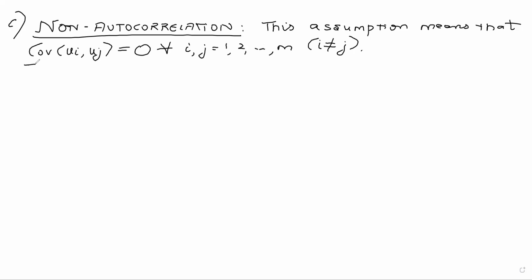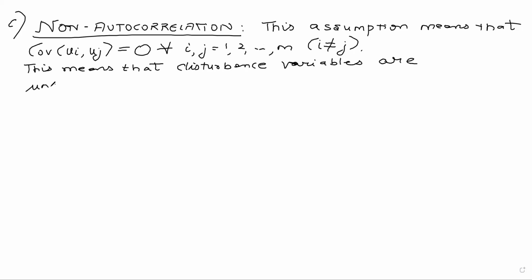So we can say this means that the disturbance variables are uncorrelated with each other.